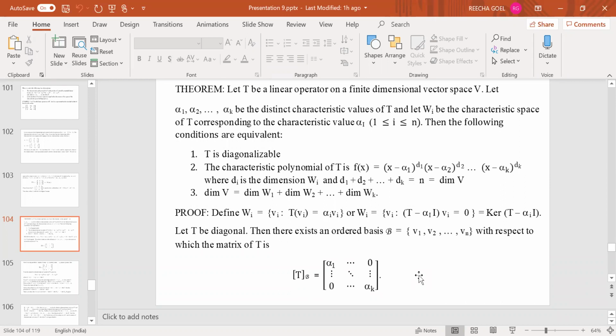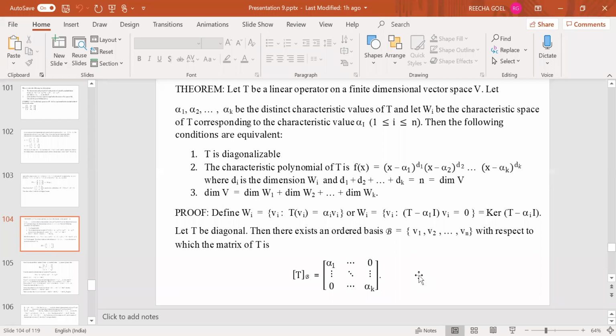Wi is nothing but the vector space corresponding to the eigenvalue alpha i. That is, it is the null space of T minus alpha i I. So Wi is defined to be the set of vectors v such that T of v is nothing but alpha i v, or it is the null space of T minus alpha i I. Okay, and this null space is also known as the kernel.